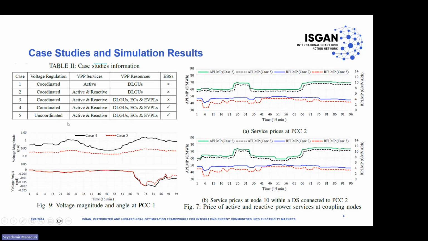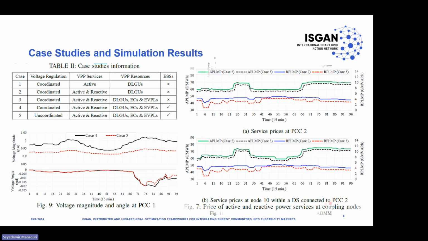Where we didn't consider these coupling variables between TSO and DSOs, you can see we achieved different results, which are not realistic. And most works nowadays do uncoordinated voltage regulation, which is not realistic.